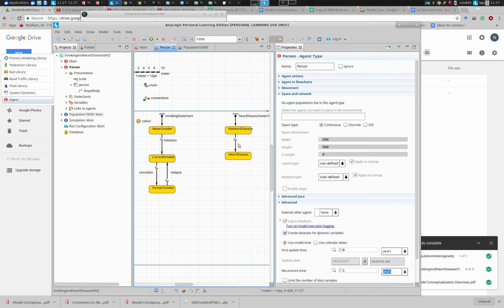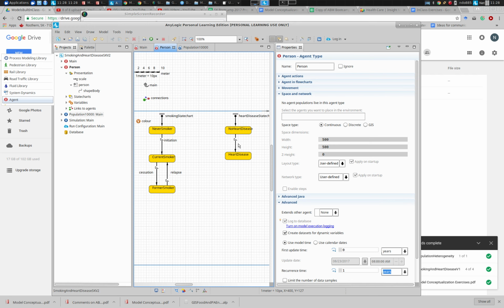How did we have the color of a person? How did we have this little person representation know what color to show based on their smoking status? We used a what? Begins with a V, ends with an E. It's a variable. How could we have heart disease?